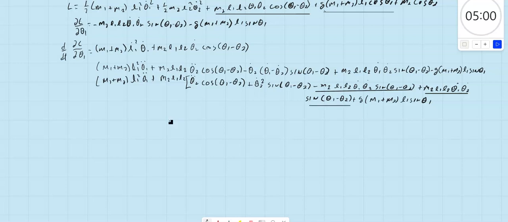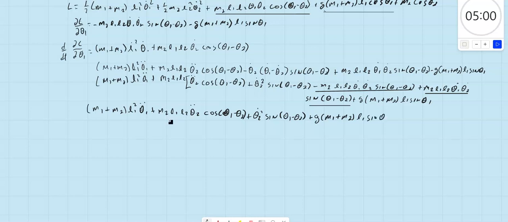And what I'm going to stay with, once all of that is canceled out, is (m1 plus m2) L1 squared theta 1 double dot plus m2 L1 L2 theta 2 double dot cosine (theta 1 minus theta 2) plus theta 2 dot squared sine (theta 1 minus theta 2) plus g (m1 plus m2) L1 sine theta 1.